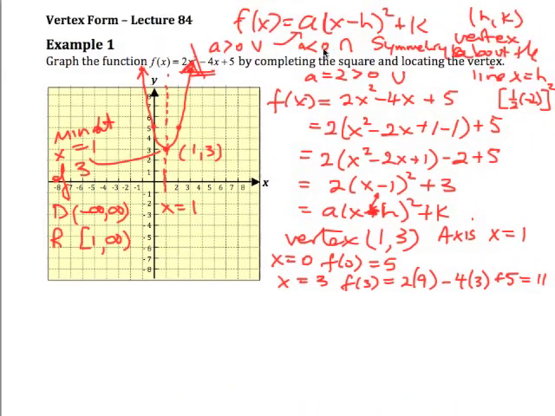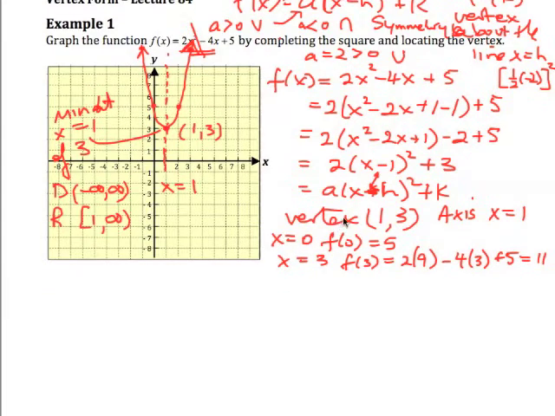You can see here that we could draw this quite a lot easier than plotting a whole bunch of points by identifying a, seeing which way it opens, up or down, finding the vertex and therefore an axis of symmetry, and then plotting a couple of points, and we can just use symmetry to plot two other points, and then we can draw the curve.